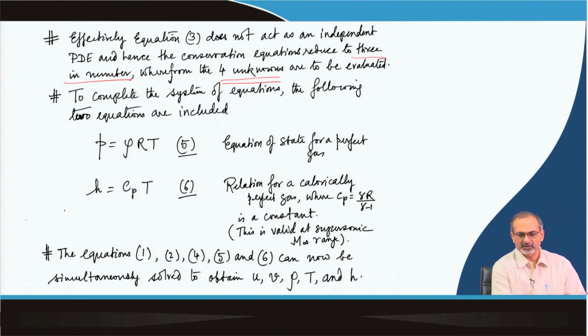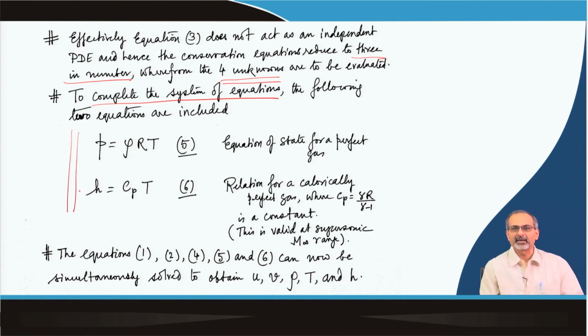In order to make up for this gap and complete the system of equations, what do you do? You invoke another 2 equations, whereby we will be able to balance the number of equations we have and the number of unknowns that we solve.